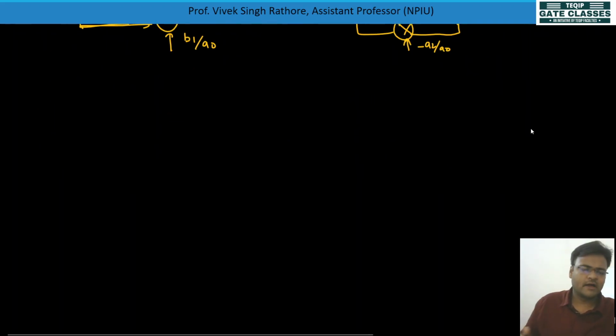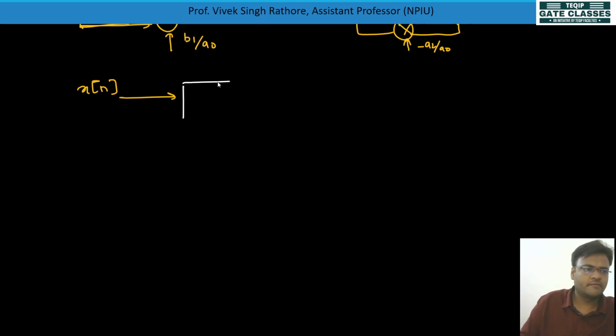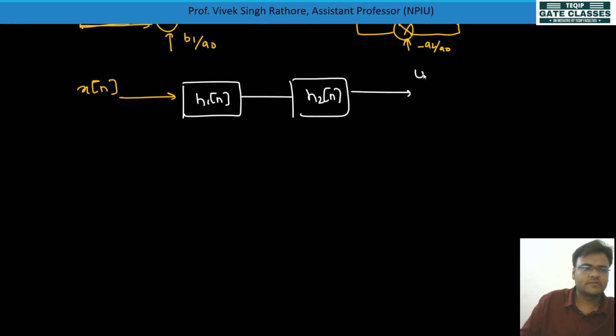So as we know, the commutative property says that, suppose x of n is given as input, and we have h1 of n and then h2 of n, and we get output y of n.